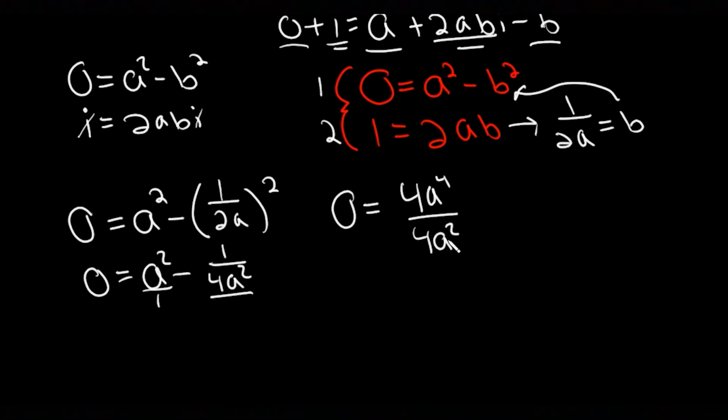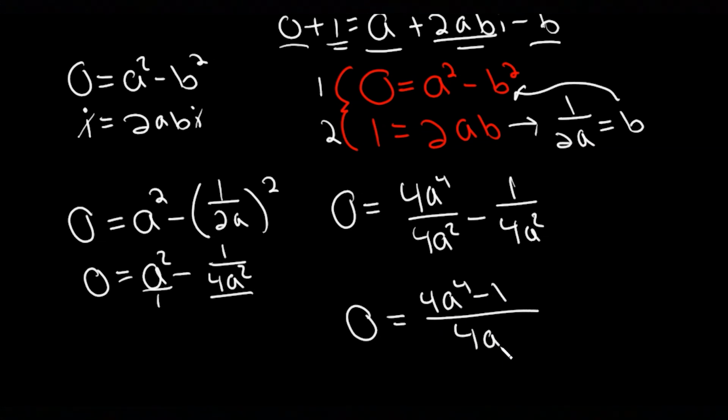Again, I'm just multiplying the top and the bottom by 4A squared there. And then minus 1 over 4A squared. And so we can write the numerator as 1 now, all underneath the same denominator. So 0 is equal to 4A to the 4th power minus 1 all over 4A squared.